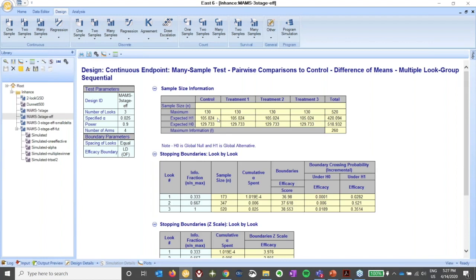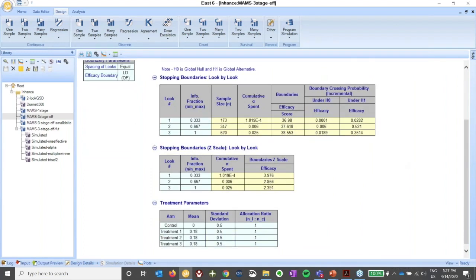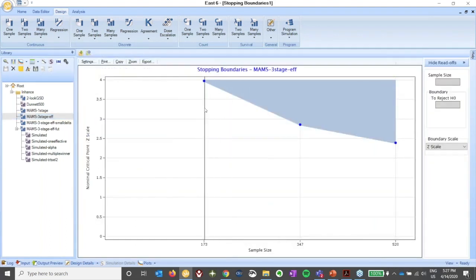This was 132 in the case that we saw before for the standard group sequential design. Furthermore, we can also visualize the boundaries. I can actually see a graphical approach, which is more informative. If you recall before, we had a boundary of about 3.7 to declare efficacy at the very first look.